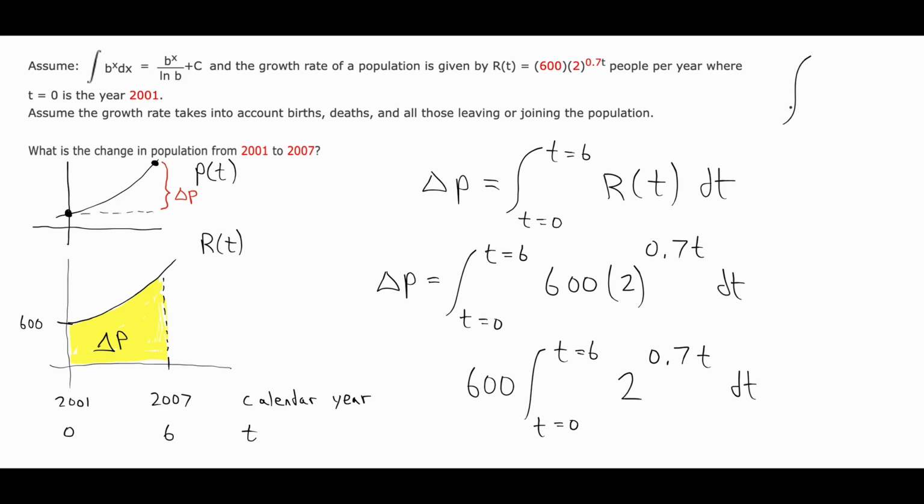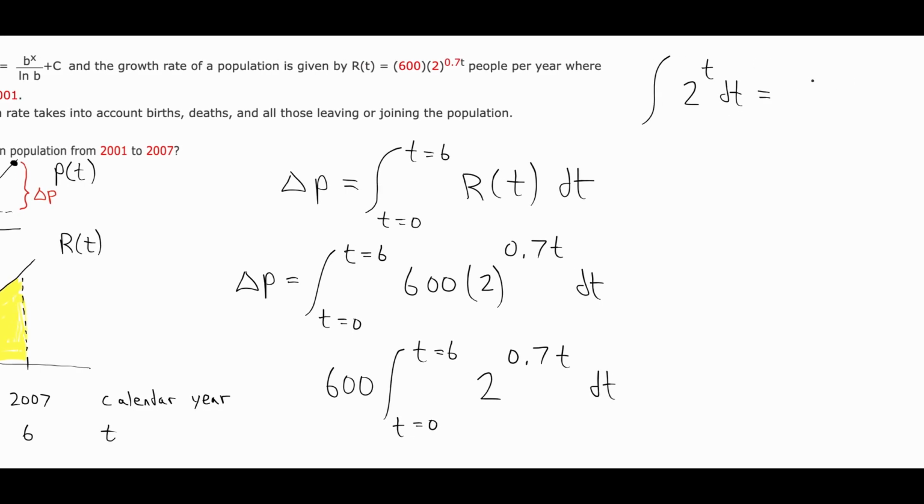If we had just 2 to the t, then the antiderivative of that would be 2 to the t over ln 2. And so if this part were to just be a variable, then we could solve the problem.